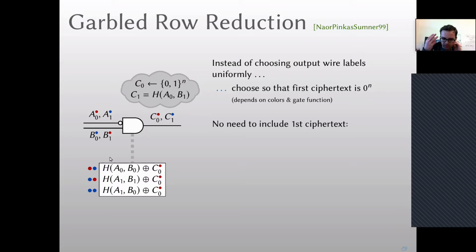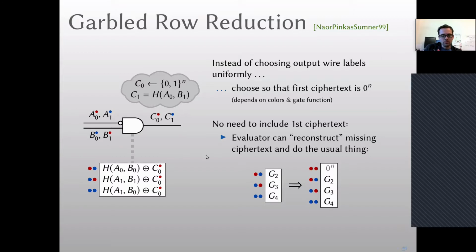So instead, I will just send you 3 ciphertexts, and then when you evaluate this garbled gate, you know the other 3 ciphertexts, and you will just imagine that the first ciphertext is all zeros, and then do the usual point and permute evaluation, right? So you can reconstruct this missing ciphertext in your head. It's always the all zeros ciphertext. Yeah, this really surprised me and delighted me when I first learned about it.